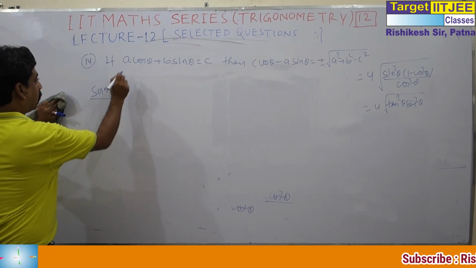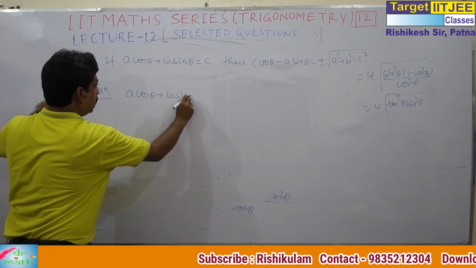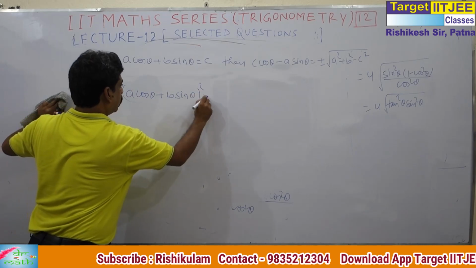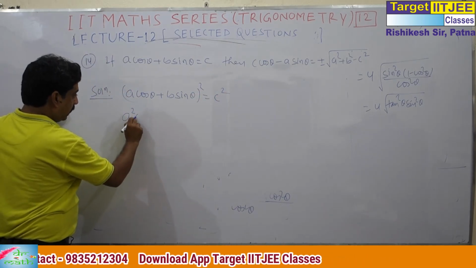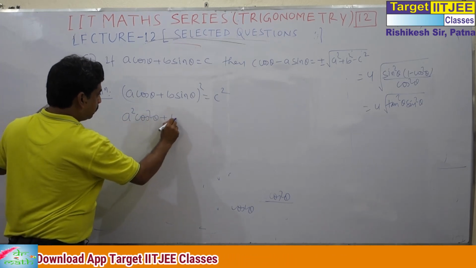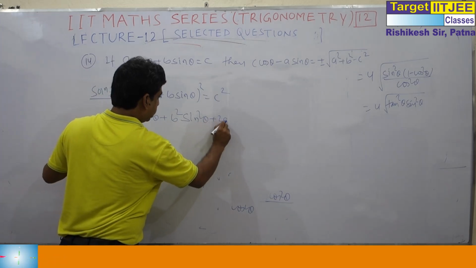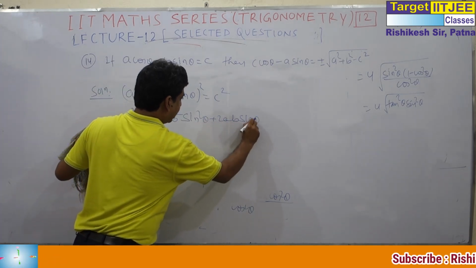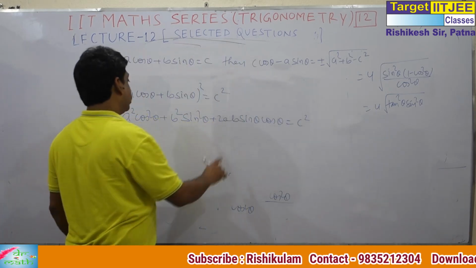Actually, on squaring, a cos theta plus b sin theta whole square is c square. You can say a square cos square theta plus b square sin square theta plus 2ab sin theta cos theta is equal to c square, and we have to find what?